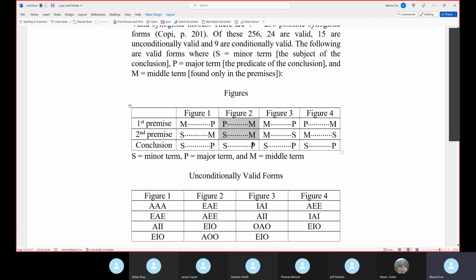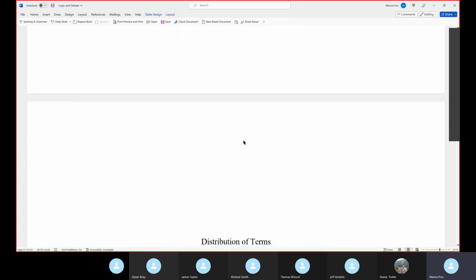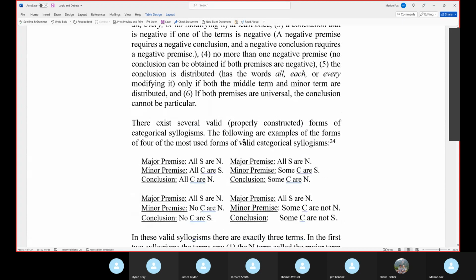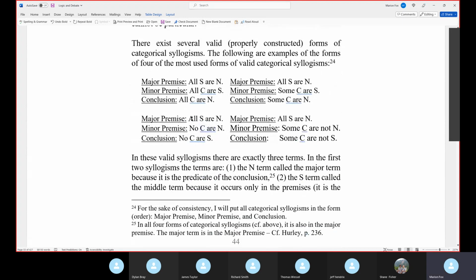And so let's go back to those forms and see what they are. And we have an A proposition, and we have an E proposition, AEE. And this over here is an AOO. So it's AOO and AEE.